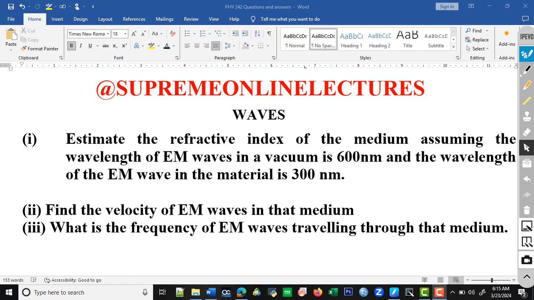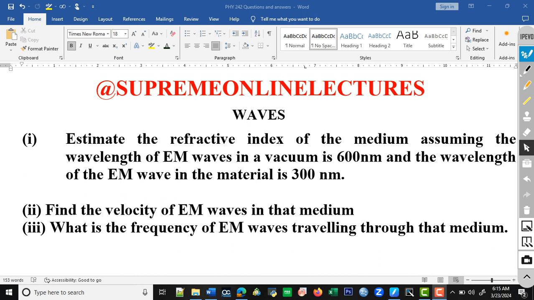The second option says find the velocity of the electromagnetic wave in that medium. The third one says what is the frequency of the electromagnetic wave traveling through that medium. So as students, we are going to contemplate on the right expression to use.